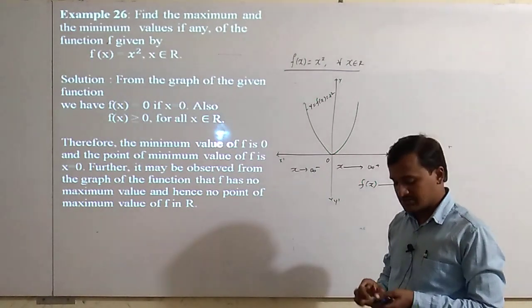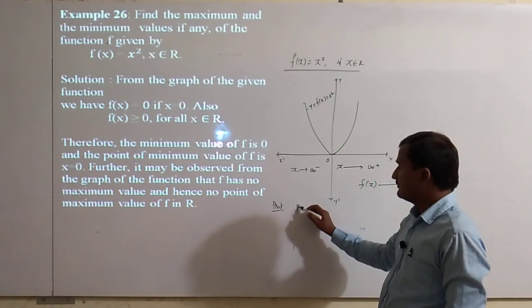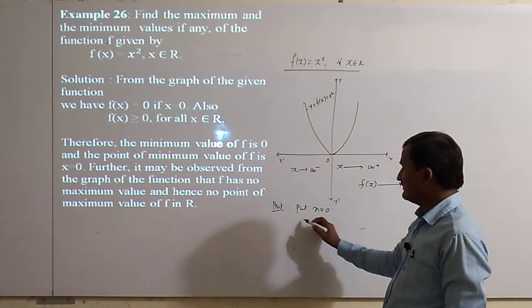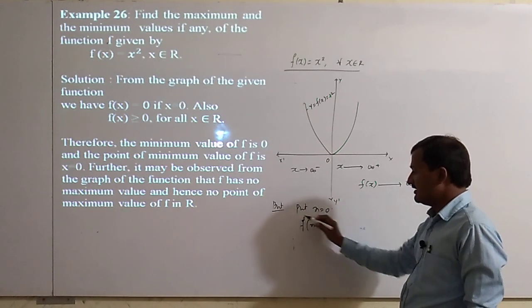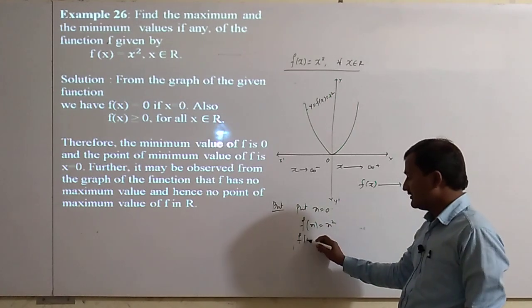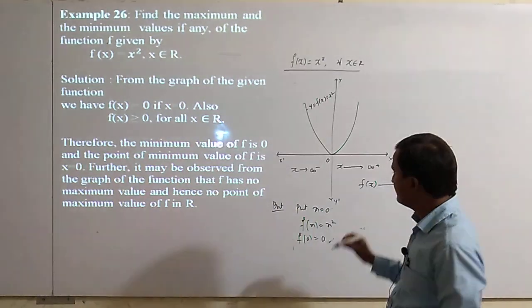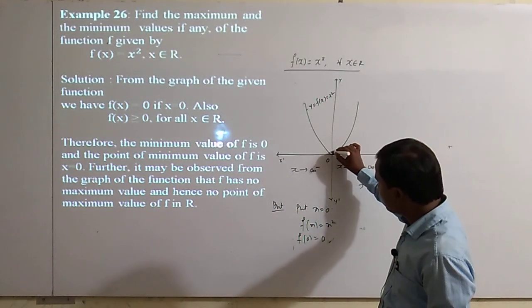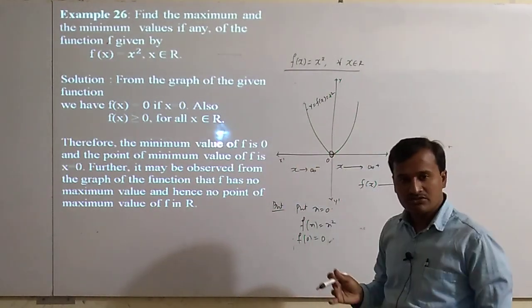But for the minimum value, if you put x equal to 0, what does it become? f of x equal to x square, and the value of x is 0, so f of 0 becomes 0. It means that if you take x equal to 0, the functional value is also 0.